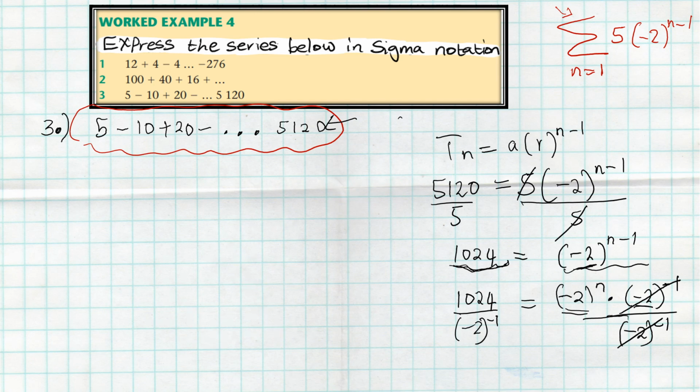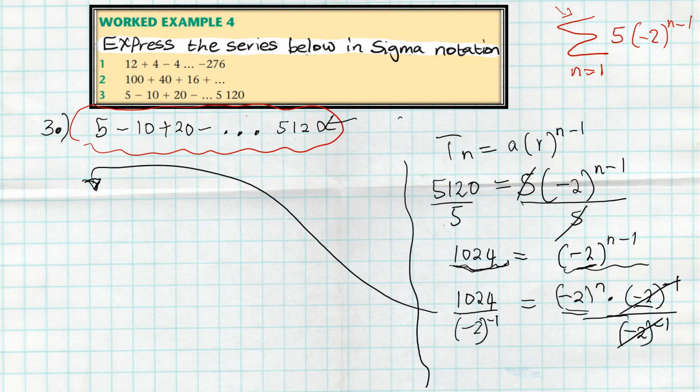So if I take this side, I'm saying 1024 divided by minus 2 exponent minus 1 is going to give me minus 2048. Minus 2048 is equals to minus 2 exponent n.